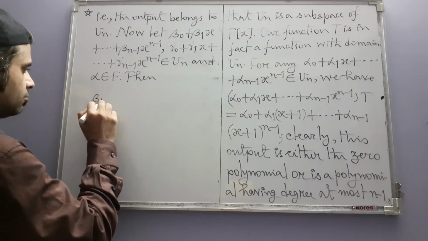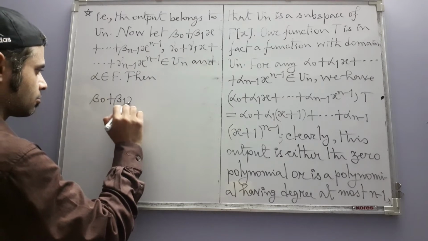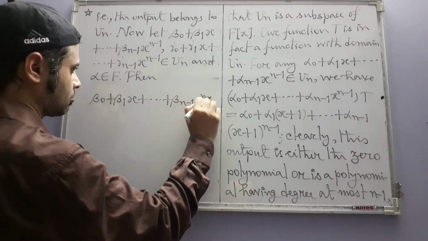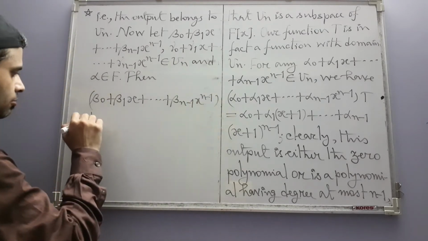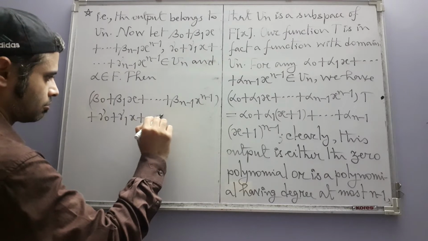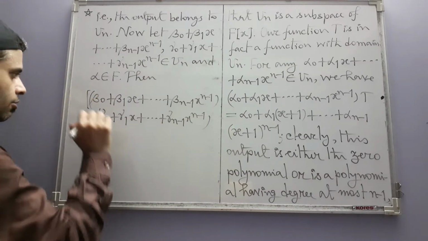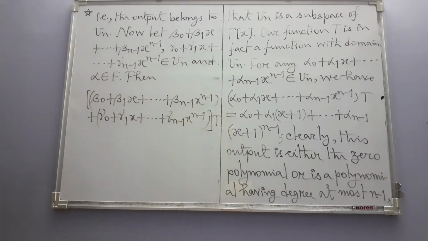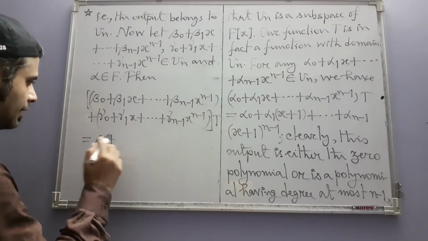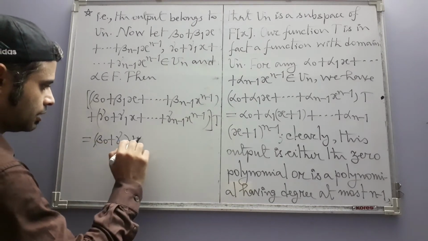So we add these two polynomials, and on their sum we apply T. By the definition of addition itself, we have this.